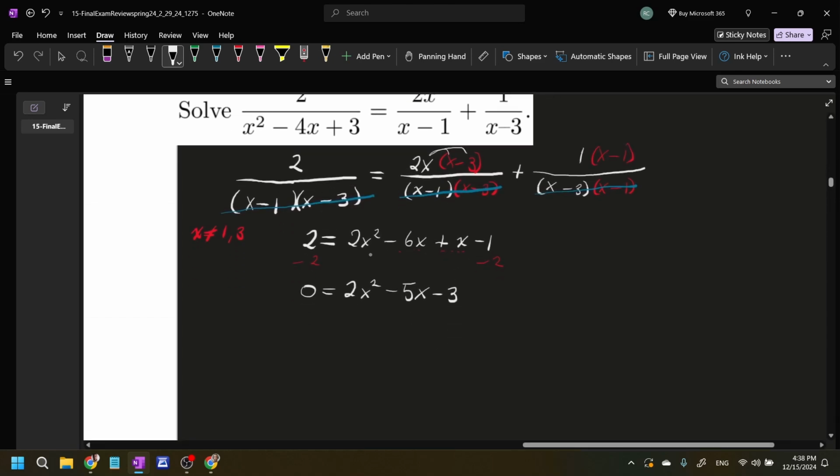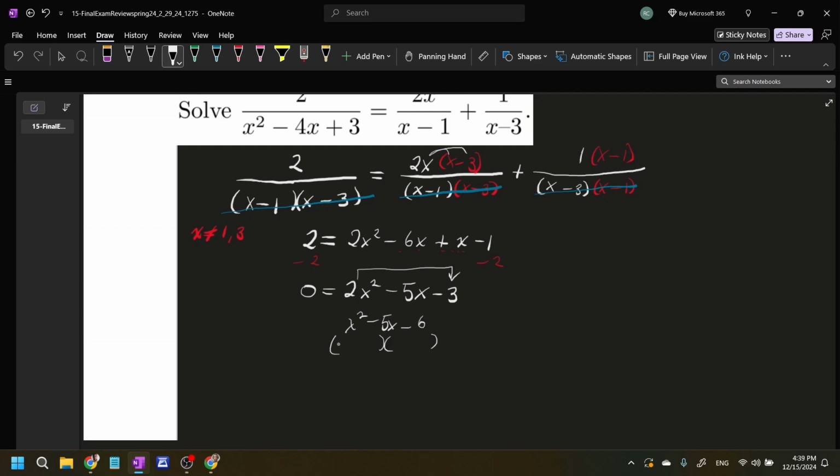Let's try that. So let's slide this over. That's going to give us x squared minus 5x minus 6. Now this is factorable. Get x minus 6, x plus 1. And then we did our slide.